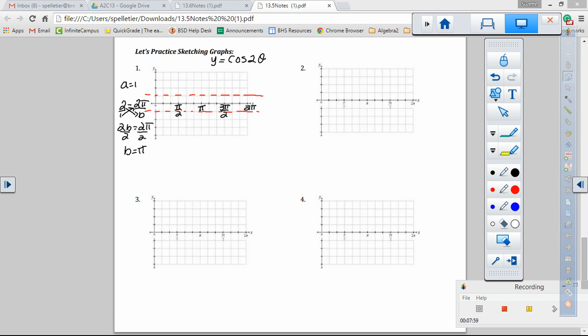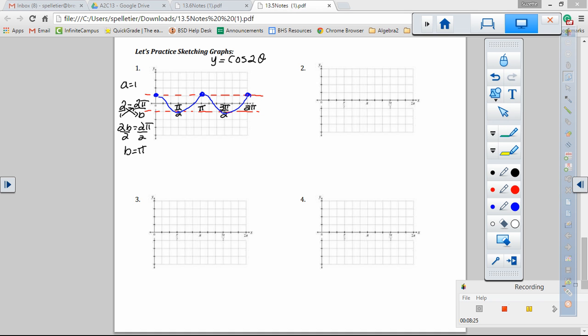So this is essentially one that we just did, except that the amplitude is different. So we're going to start with the cosine. Start here and end at pi, remembering that the minimum value is right smack dab in the middle right there. So we're going to go down and up, and we can do it again if we want to, down and up. Okay?